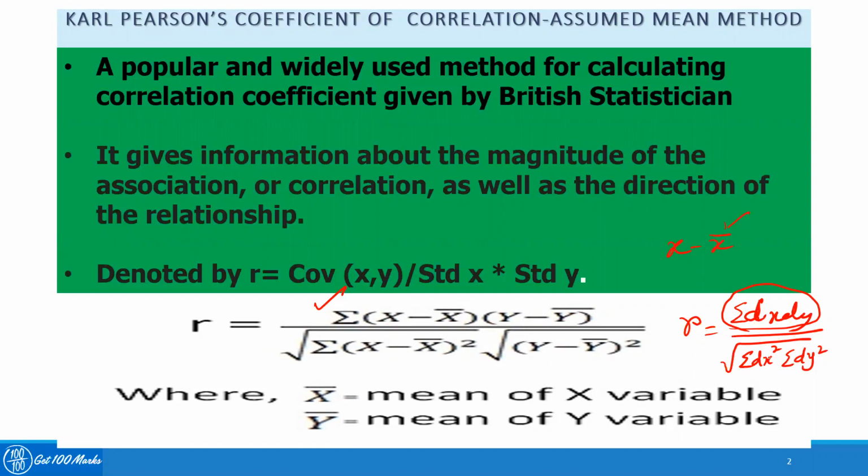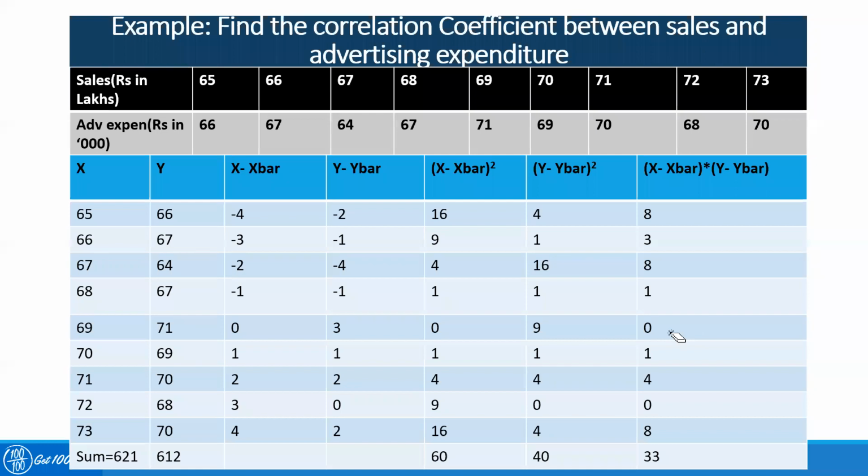Let's see how to calculate this Pearson correlation coefficient with an example. The question is, find the correlation coefficient between sales and advertising expenditure. Sales is given in rupees in lakhs and advertising is given in rupees in thousands.